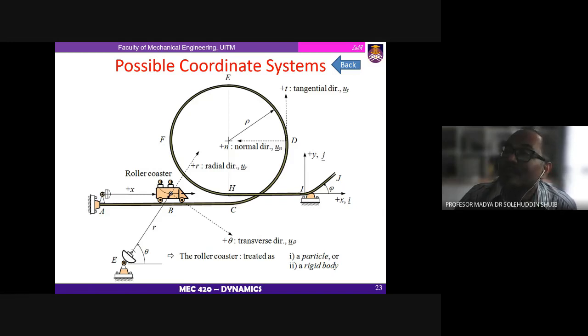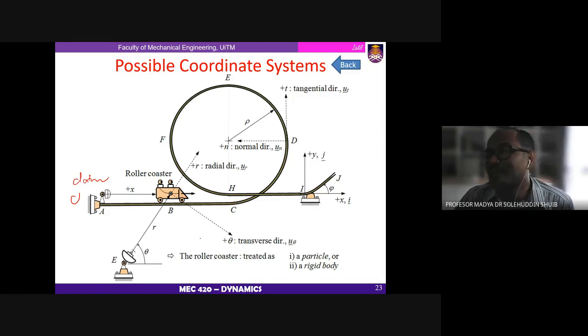It is moving from point A, which I named 0 here, so it starts from point A, moves from A to B, and then goes to point C, and then D, and then E, F, and then it's going around one loop, goes to H, I, and J.